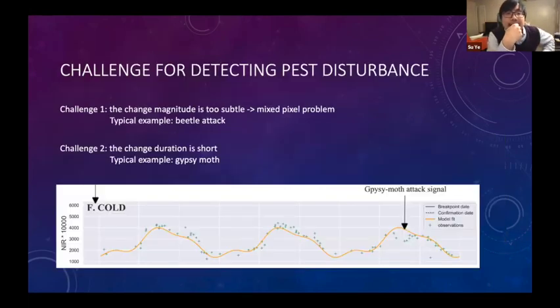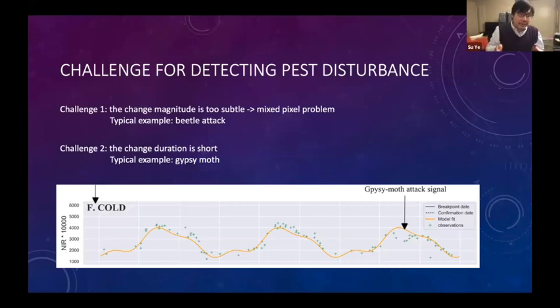Okay. CCDC was designed for detecting generic land disturbance. Definitely, I think pest disturbance is one of the most difficult disturbance types to detect among all kinds of land disturbance, such as fire or mechanical construction. There are two reasons. The first reason, as I mentioned, is that the change magnitude of insect infestation is usually very subtle.